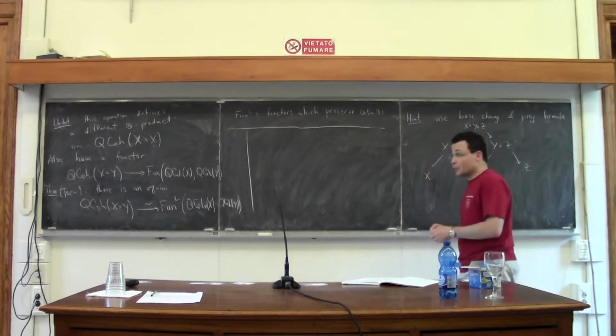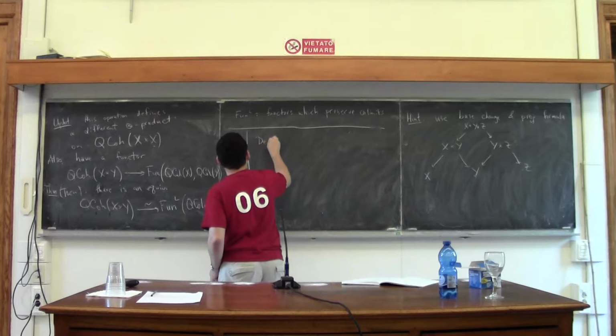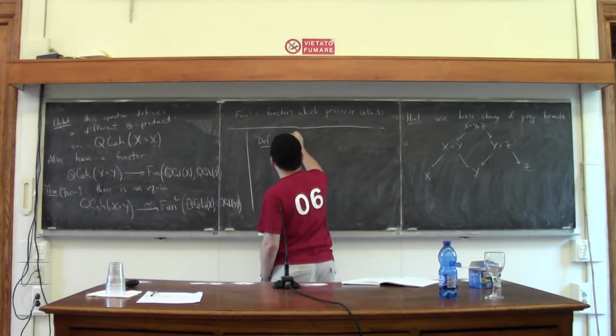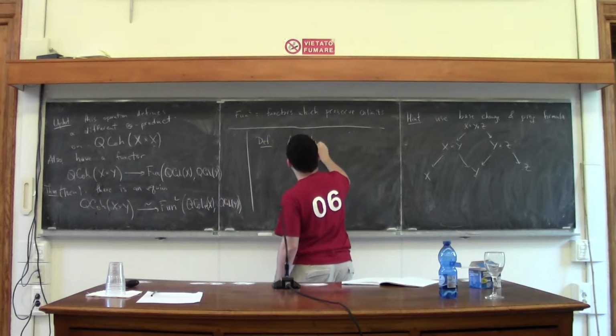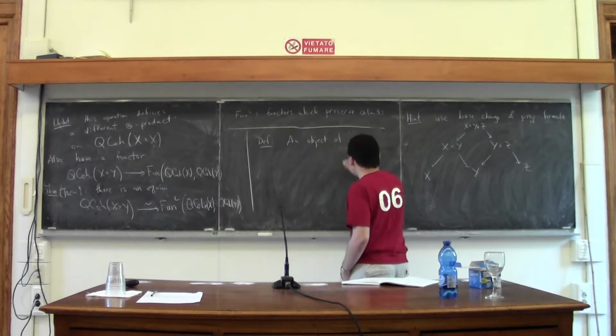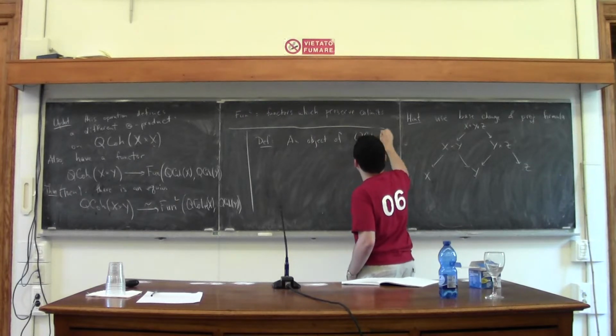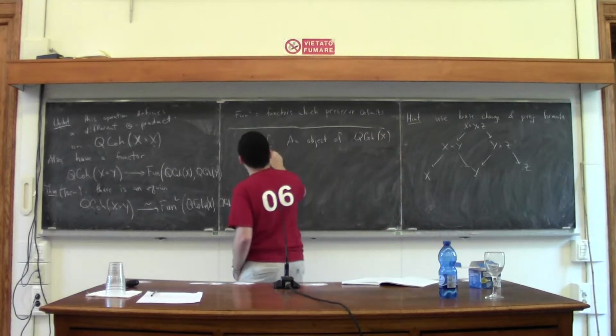I'll also tell you explicitly what it is in the example. So, definition: an object of, let's say, the category is called compact.